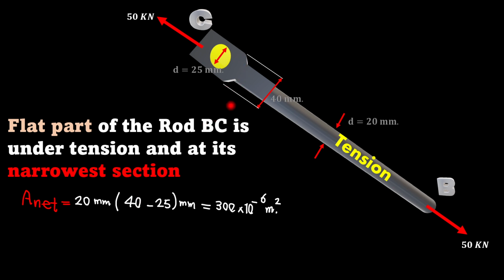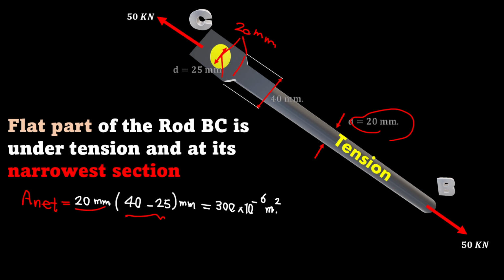Because there is a pin hole here, we need to go with the net area. That's 40 millimeters minus the diameter of the pin, times the other dimension of the rod, which is 20 millimeters. That's the thickness, and this is the width.